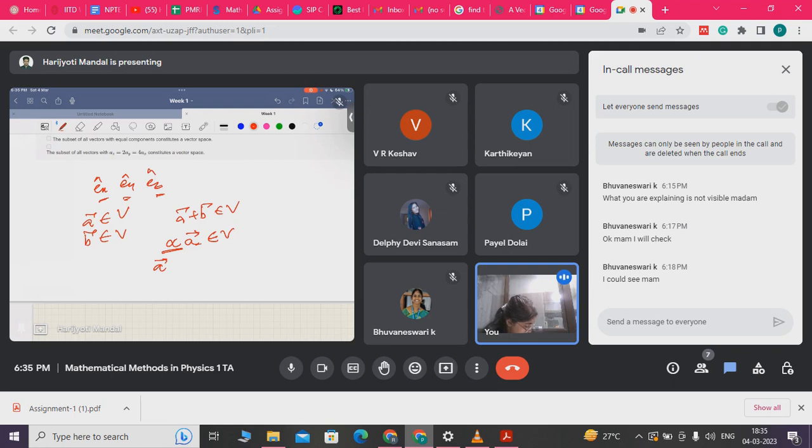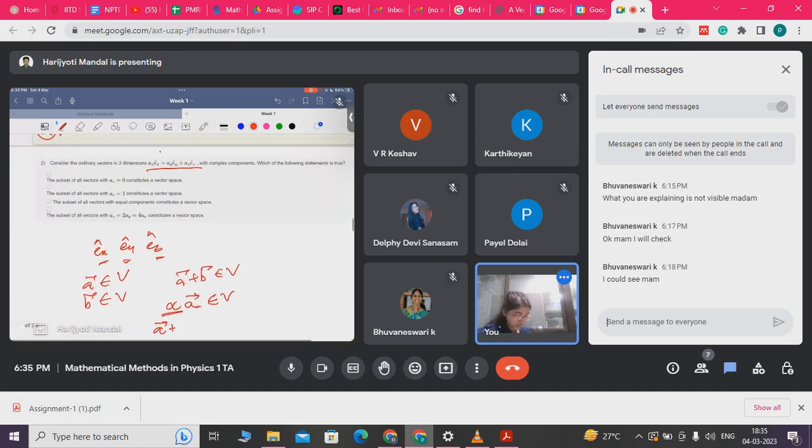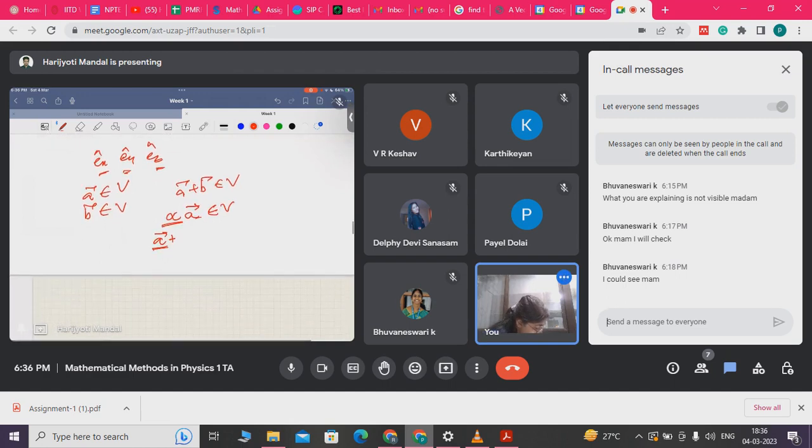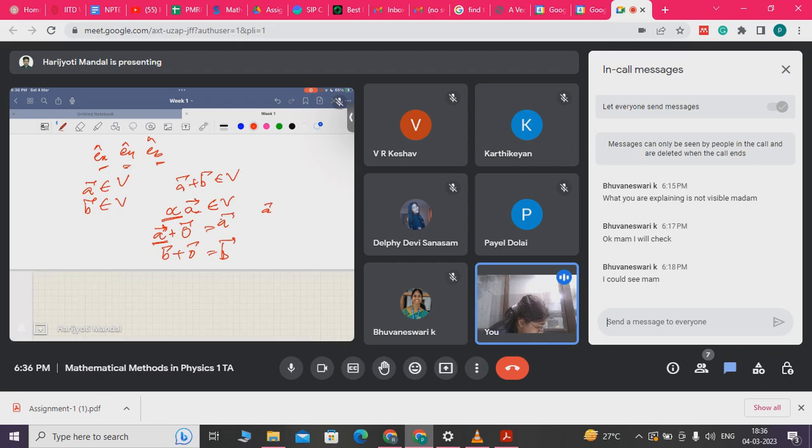There needs to be a null element, sorry, not identity, null. If we add it with A or B, it will leave A and B unchanged.